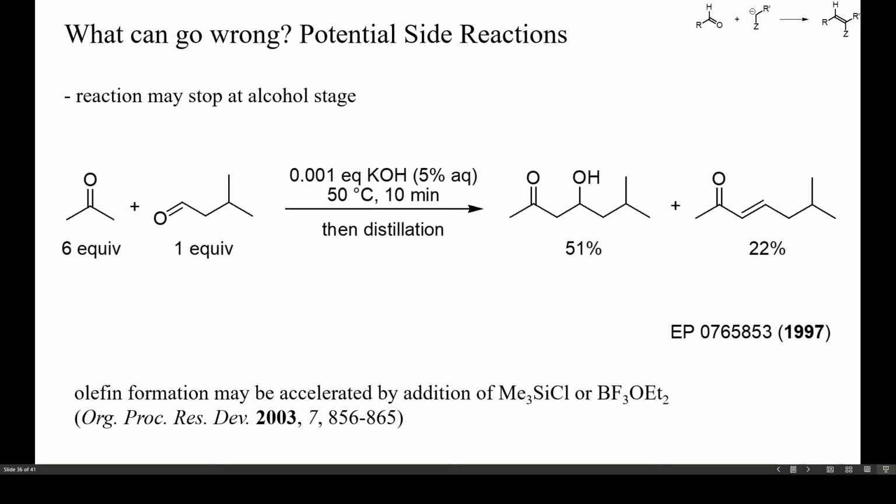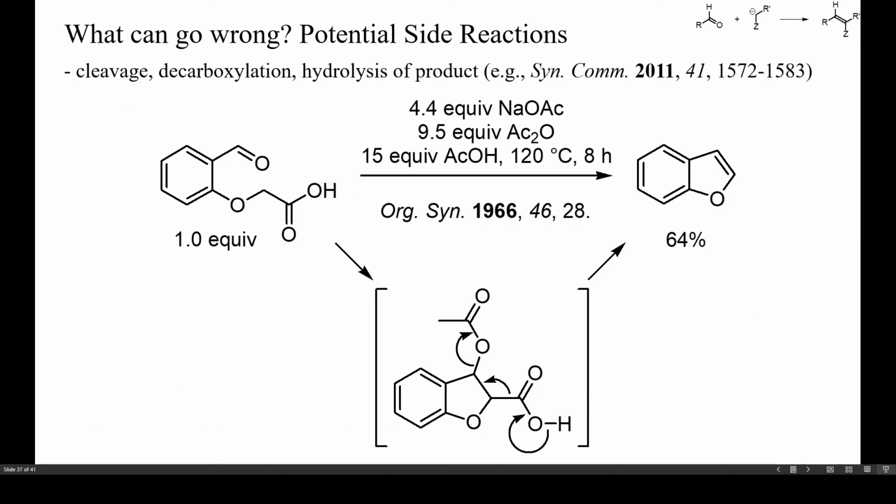Then, as we already saw in some of the previous examples, the intermediate alcohols do sometimes not eliminate water readily, and an additional dehydration step may be required. Further potential side reactions include cleavage of ketones, decarboxylations, and the hydrolysis of various carboxylic acid derivatives. Here, for instance, the initially formed carboxylic acid cleanly decarboxylated, as acids with good leaving groups in beta position often do.